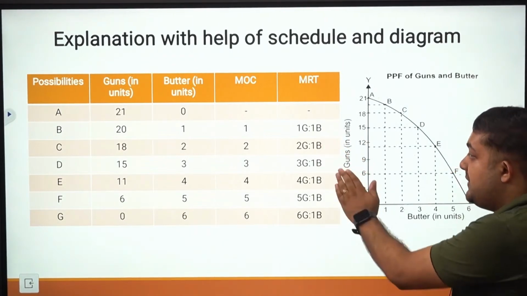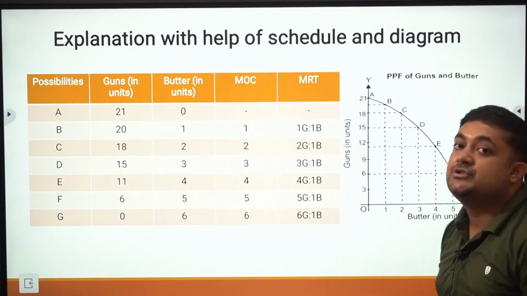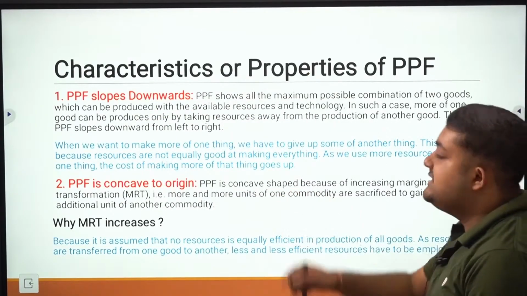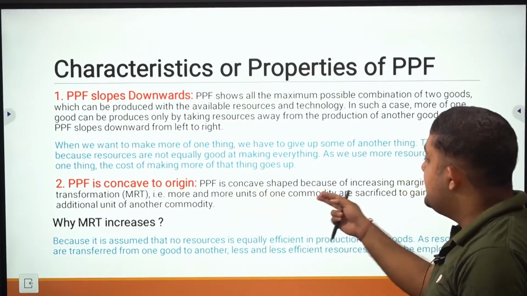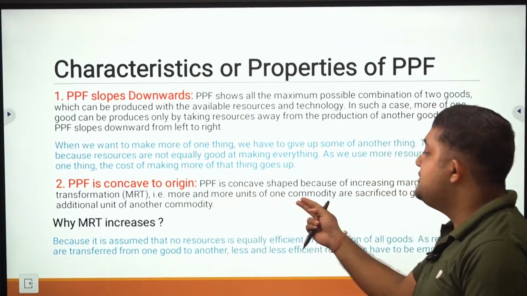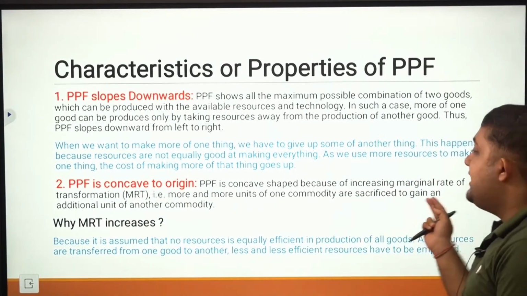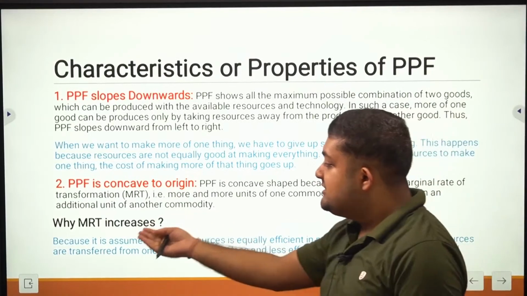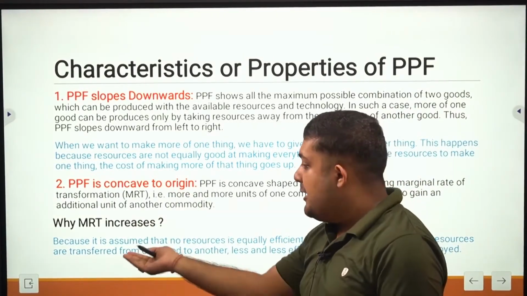For one butter only, we are sacrificing more and more units of guns. For this reason our PPF is concave. PPF is concave in shape because of increasing marginal rate of transformation, that is, more and more units of one commodity are sacrificed to gain an additional unit of another commodity.